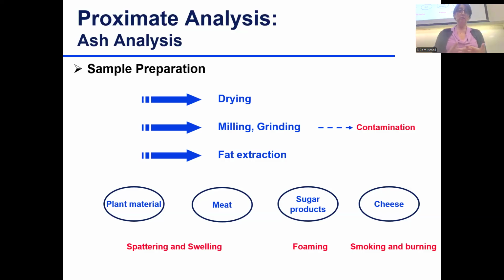Sugar products could cause foaming. Plant material and meat, because they're high in moisture, will cause splattering. So there are certain precautions depending on the type of sample, basically to reduce the water content and reduce the chances of foaming and smoking and burning.